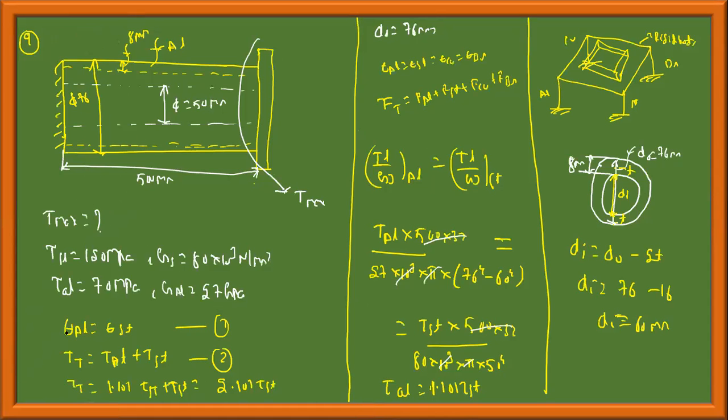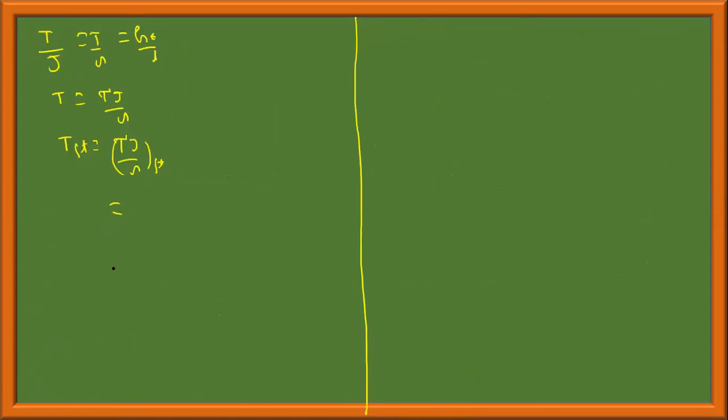T by J is equal to tau by R is equal to G theta by L. So T is equal to tau into J by R. T steel is equal to tau into J by R of steel. Tau steel we know, tau steel less than 120 MPa.